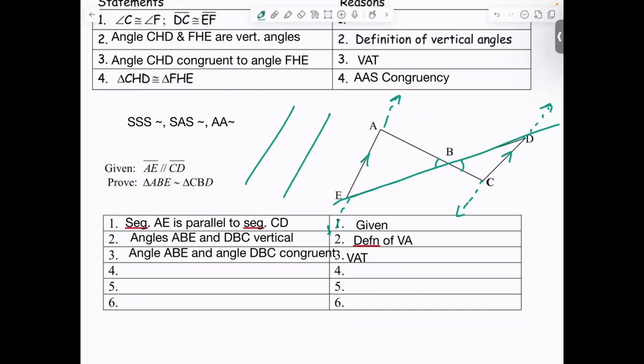And I have a transversal cutting through it. That's kind of how we're looking at it. Here's our transversal. These two are parallel to each other, right? I think it's easier for students to picture those two lines extending out top and bottom. We have segment ED cutting through it as a transversal.